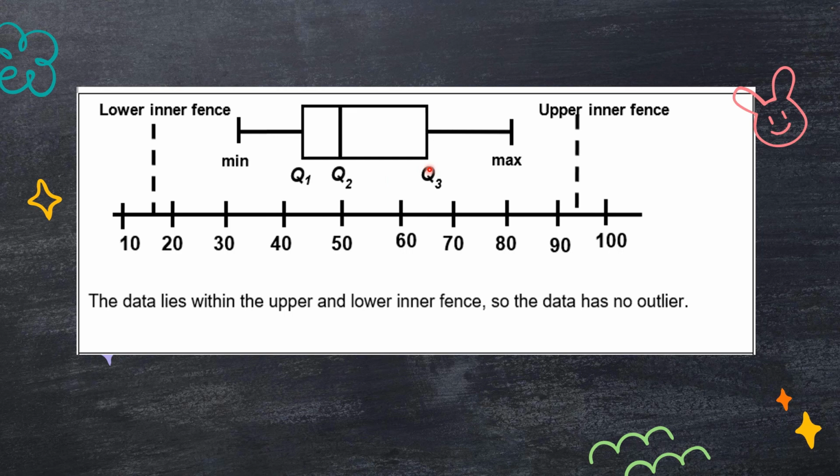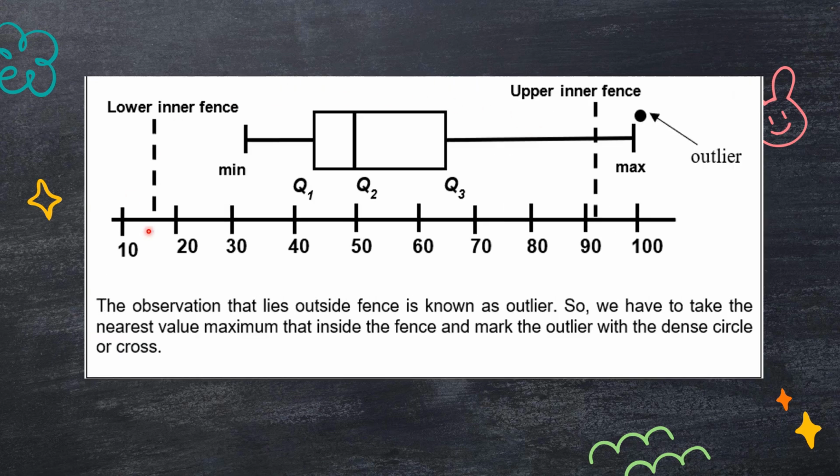As a result, the data has no outlier. Look at the second box plot. The observation that lies outside the fence is known as an outlier. So we have to take the nearest maximum value that is inside the fence and mark the outlier with a dense circle or cross.